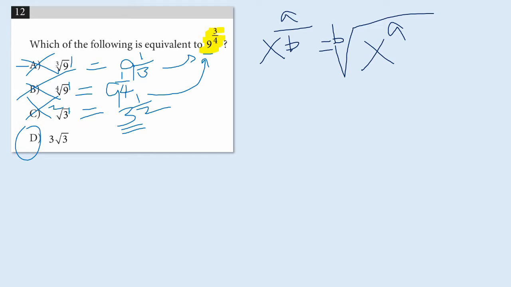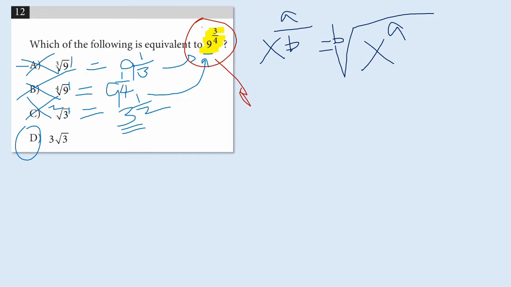Now there's another way that I want to show you how to do this that uses exponents, and it requires understanding that what they're getting at here is the fact that we have fractional exponents. So 9 is a perfect square.